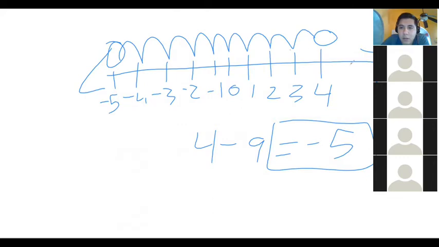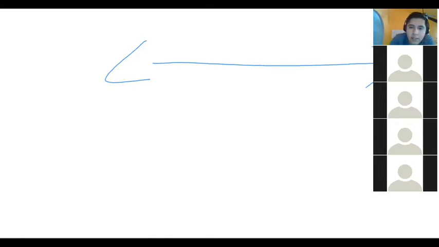So let's try a different one, and again, we'll write up the number line. I just kind of explained this a little bit, but if we have 7 plus -3, what is another way that we can write that? -3 plus 7.